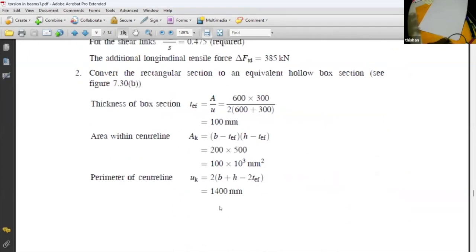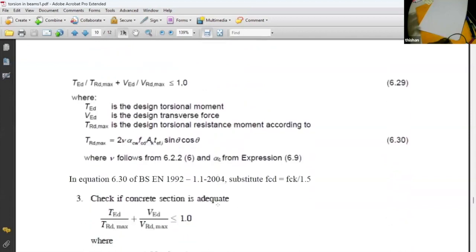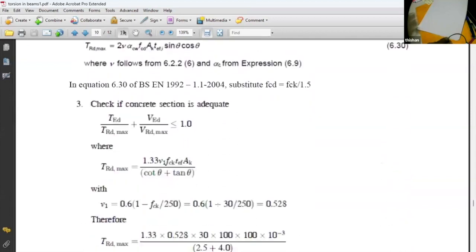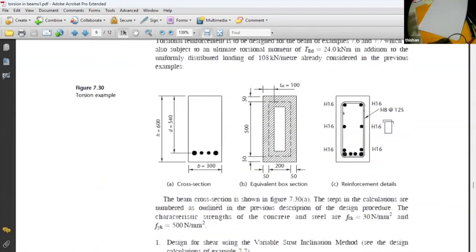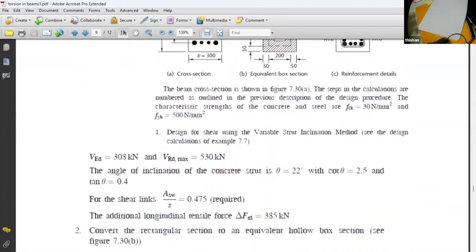Now, when you are designing, for convenience, it was considered as simply supported. So the first part of the design will be finding the bending reinforcement, and then finding the shear requirement, and then they found that the strut angle is 20 degrees.